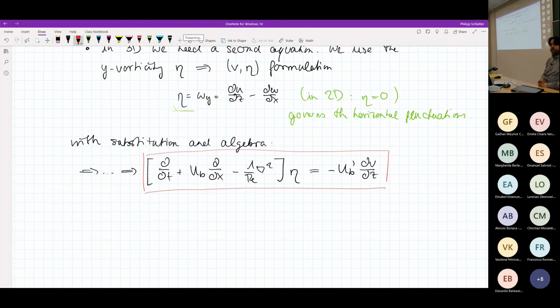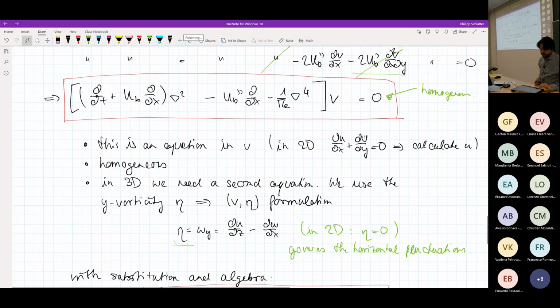So now I have these two equations, one for V and one for eta, and together they describe the complete system for the evolution of linear disturbances. There are a few comments that I would like to make in addition to what I have written before.